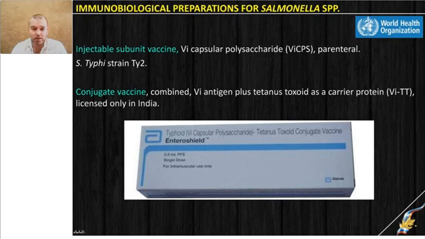The most popular one, registered and licensed in India only, is a combination in which tetanus toxoid acts as a carrier protein for the typhoid compound, and provides combined immunity against tetanus and typhoid as well. But again, the vaccine is available only in India.